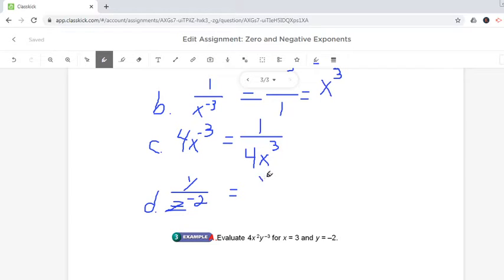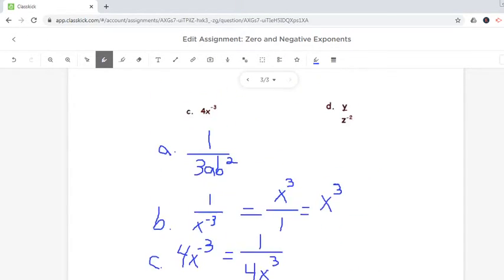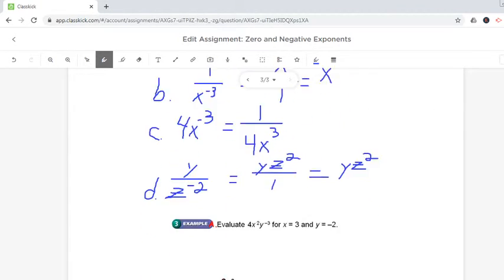So we already have y in the numerator. And we add this z, and we change the negative to a positive. Over 1, and that equals y z to the second. Okay. So we completed all of this.